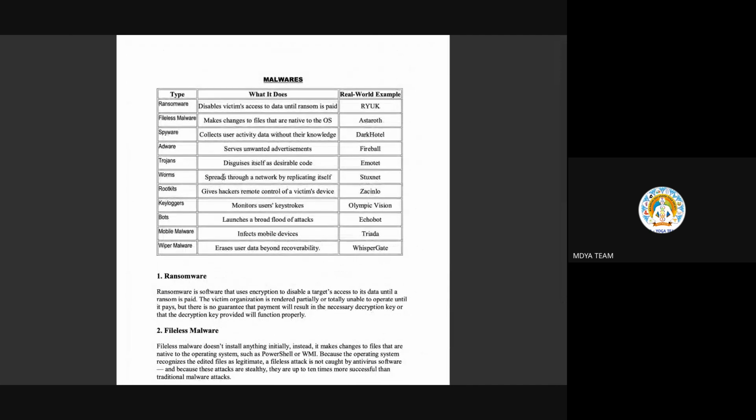Now, today we'll discuss some malwares or computer viruses. A computer virus is a malicious software program, also called malware. This computer code or program is capable of affecting your data in a very adverse manner.